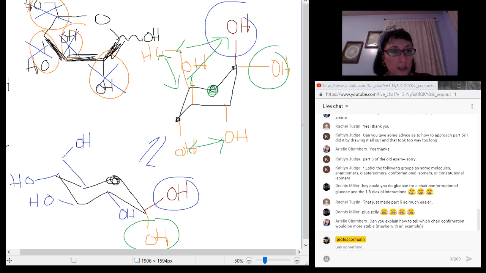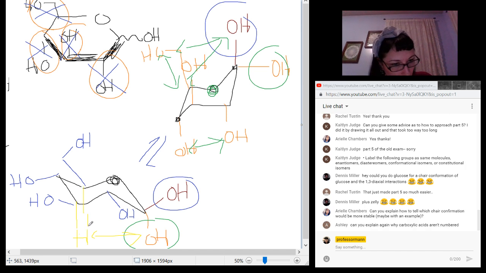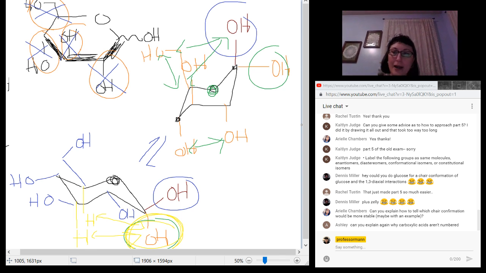When you look at the one here, it also has this one, so 5 and 6. So when your OH is in that downward position, meaning alpha glucose, it has 2 more 1,3-diaxial interactions, making it less stable.